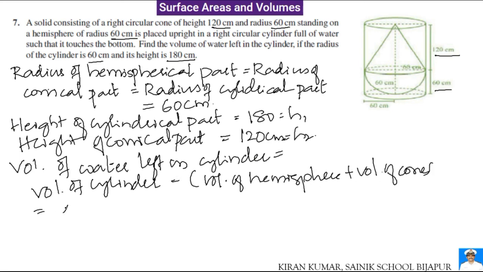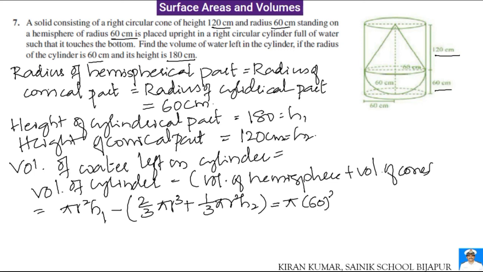Volume of a cylinder is given by pi r square h1, minus volume of hemisphere is 2 by 3 pi r cube, plus volume of cone is 1 by 3 pi r square h2. Substitute the values, we get pi times 60 square multiplied by 180 minus the sum of 2 by 3 pi into 60 cube plus 1 by 3 pi 60 square into 120.